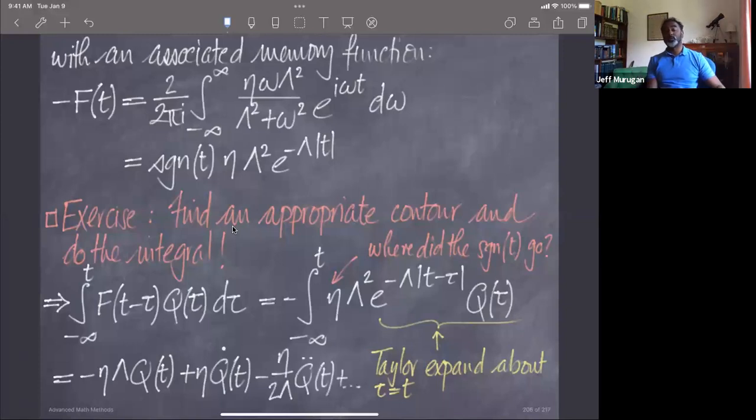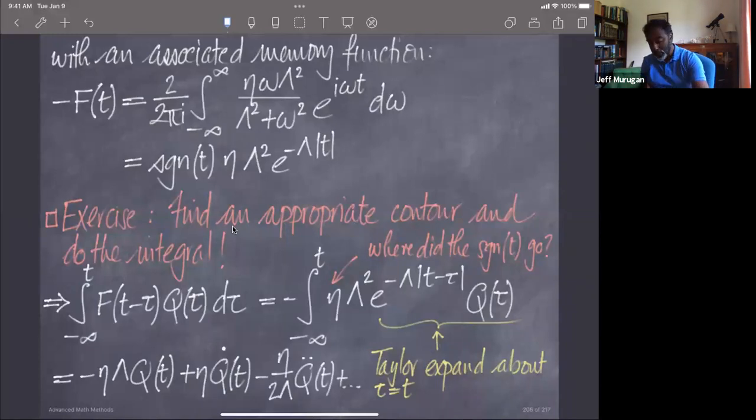Those higher order terms will be at least 1 over lambda squared and higher. The point here is that when I send lambda to infinity, then I expect those higher order terms to vanish.